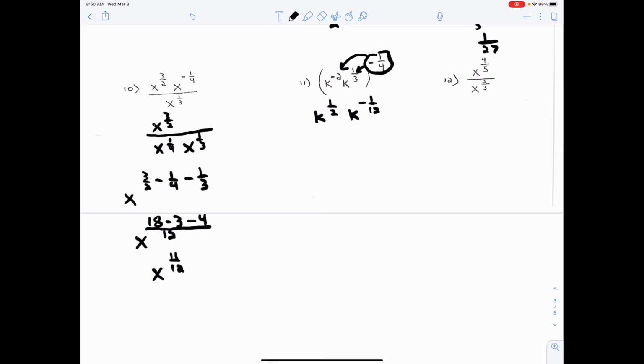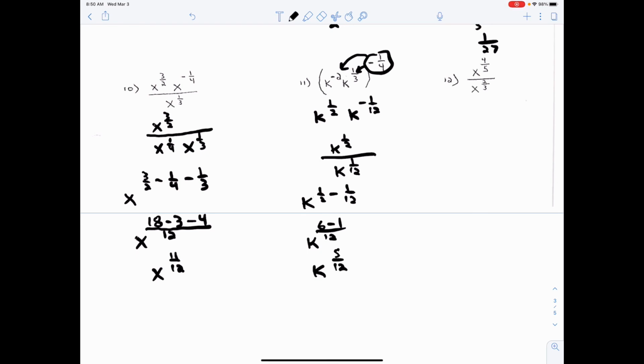Now I'll deal with the negative exponents. We have k to the 1/2 all over k to the 1/12. And now we're going to subtract 1/2 minus 1/12. We'll get the common denominator, which is 12. And that'll be 6/12 minus 1/12 is k to the 5/12.